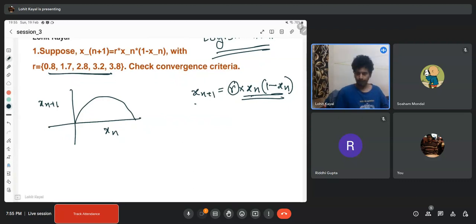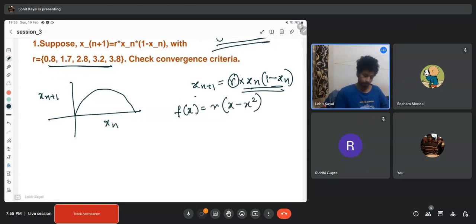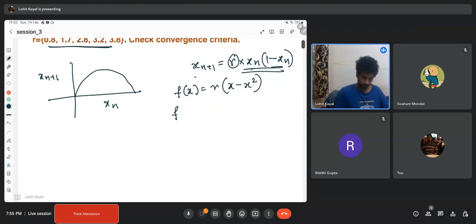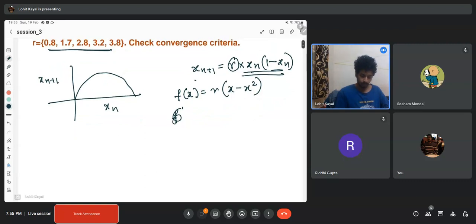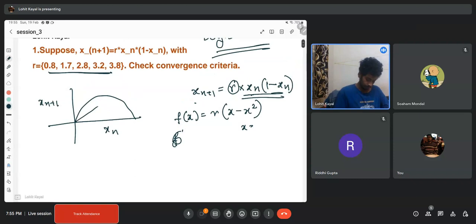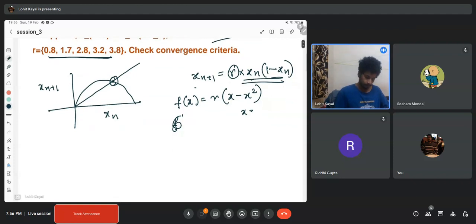So first we need to find the root of the function. So this is my f(x) equal to r into x minus x square. I don't need the root of y equal to x at this point, I need the slope at this point.